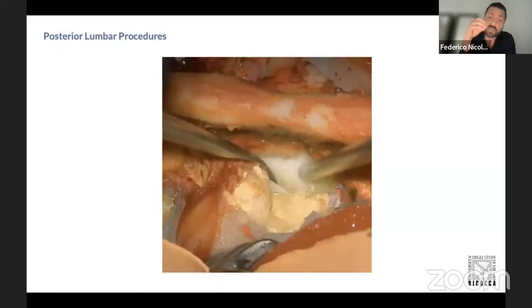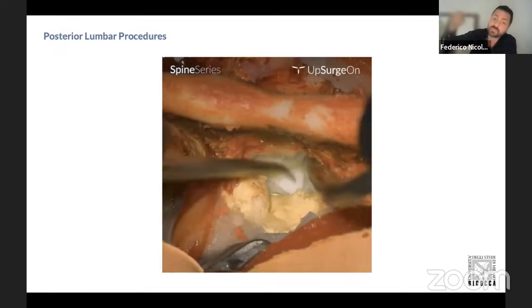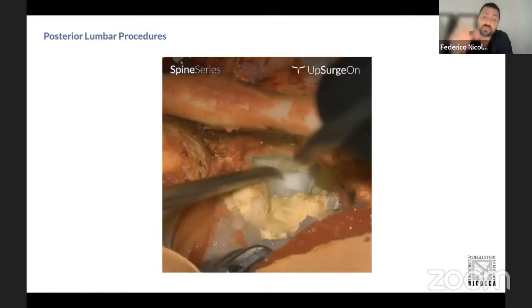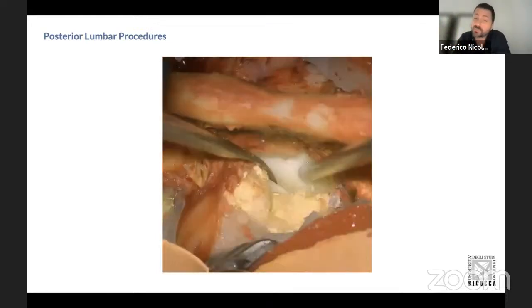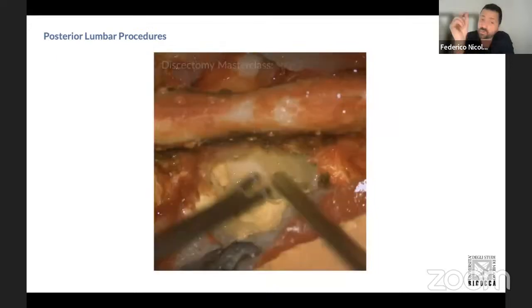So again, exposure of a herniation, for example, and you do the same exercise multiple times during the day. There are people that do this kind of course multiple times a day, which is like a boost in specific steps.